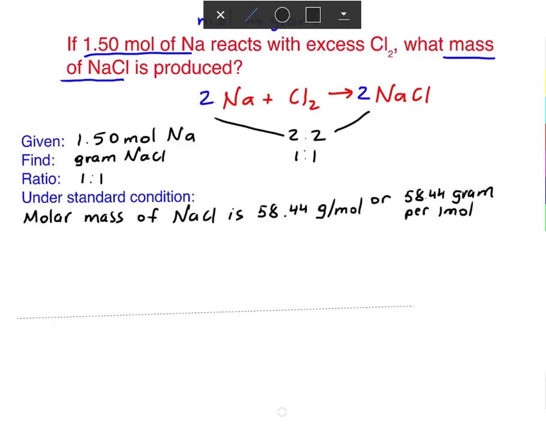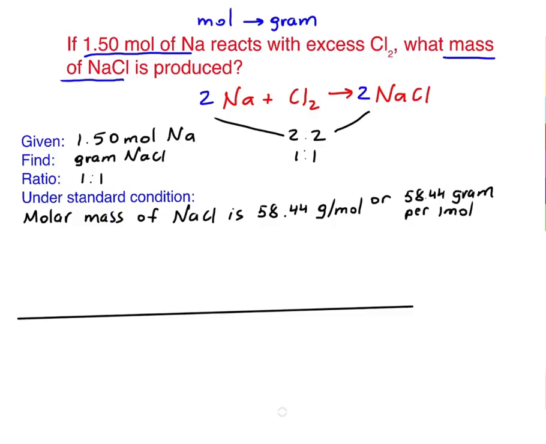So since we have everything now, we can just go ahead and plug in the numbers. First things first, you need to write the given. What's given to you is 1.5 mole of sodium. So I'll go ahead and write 1.5 mole of sodium. And when you do it, make sure you write the units as well, not just the number.